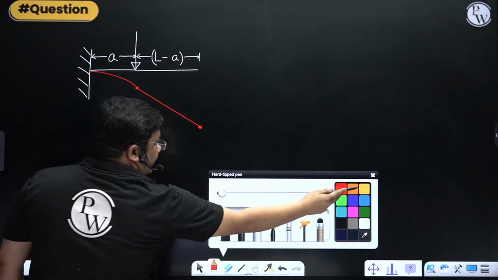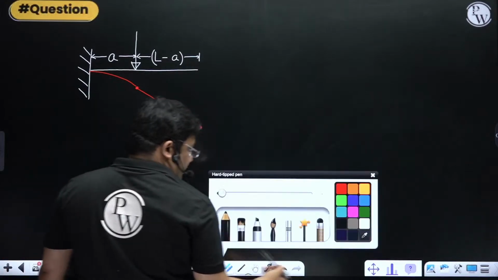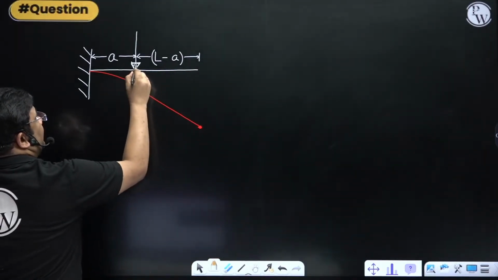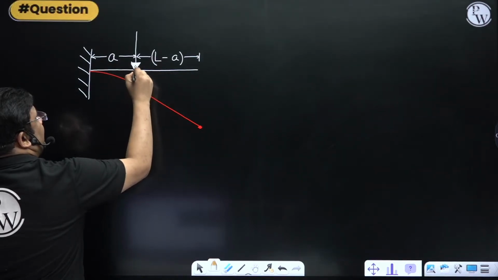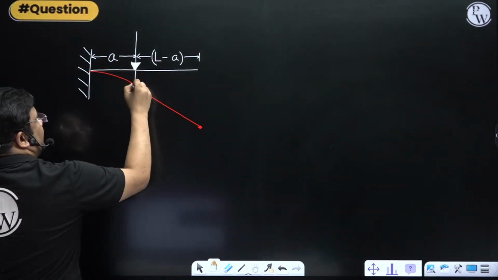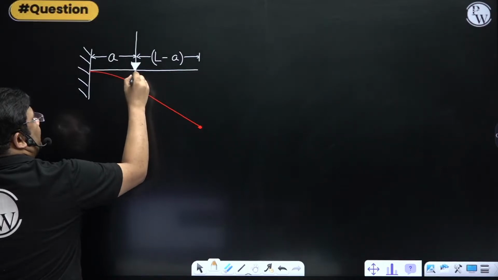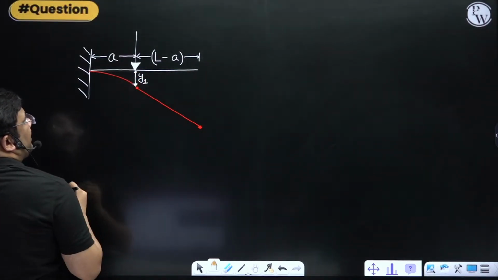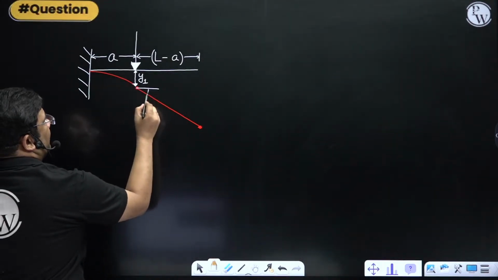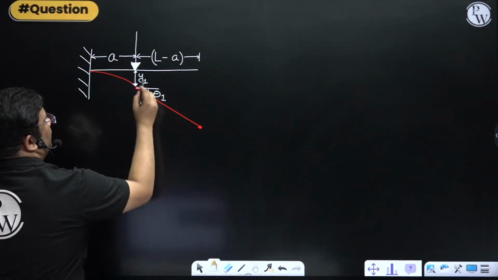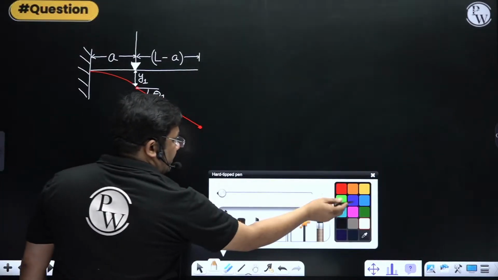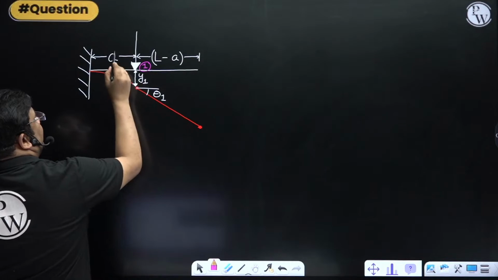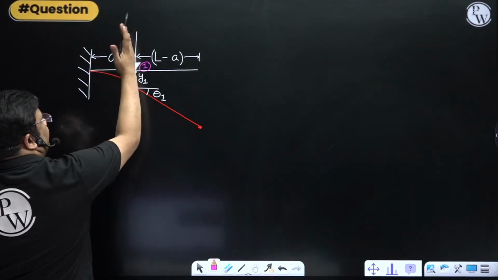So I can tell that this is the point load acting, yes. And I can say that this deflection is suppose y1, right? And the slope here, suppose theta 1, suppose this is point 1. So how to find out? Very easy. Take A as the length, because it's similar to what?